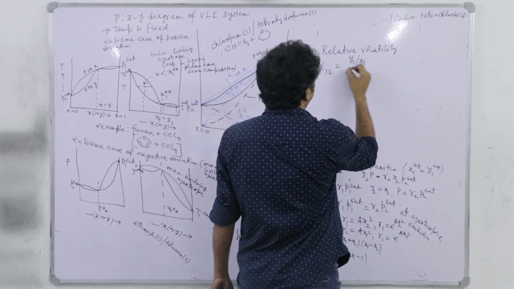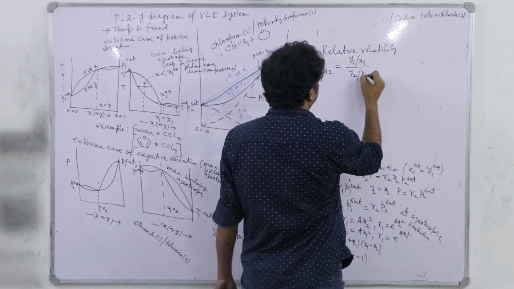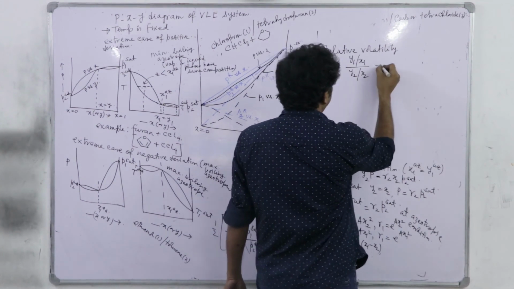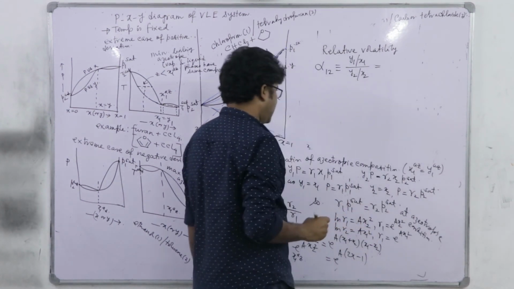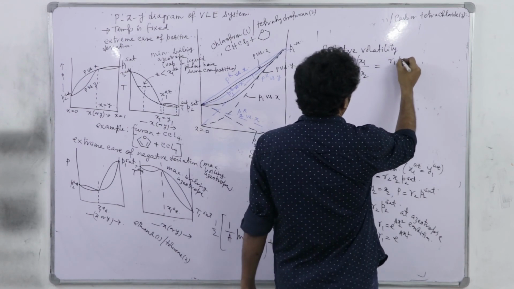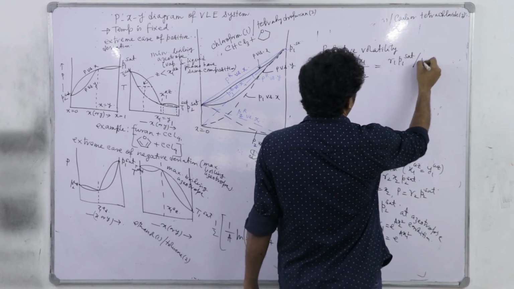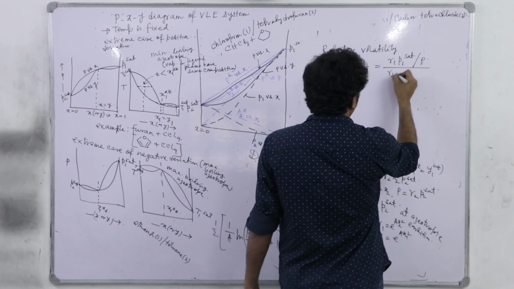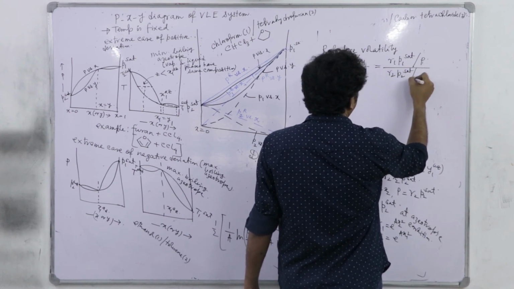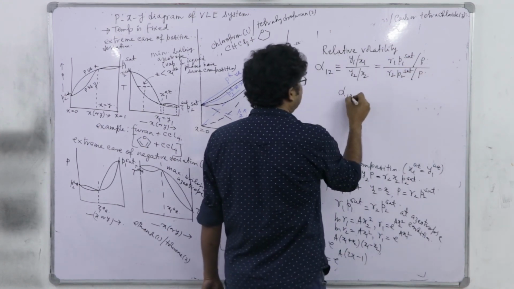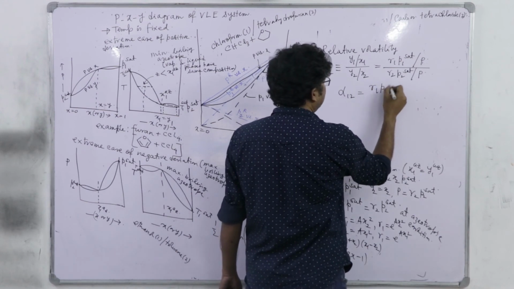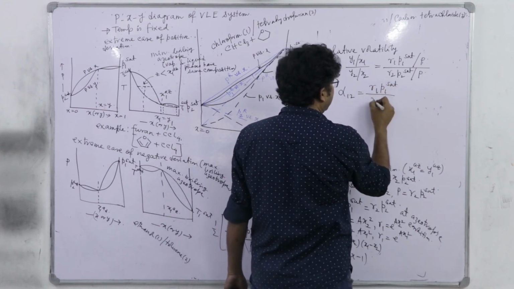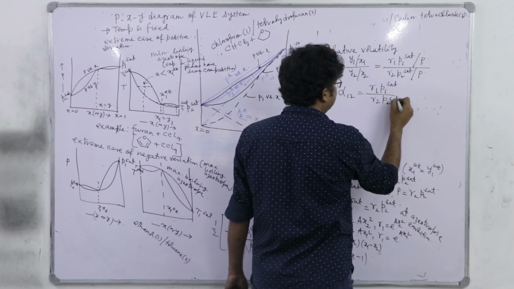So it's y1 by x1 divided by y2 by x2. This is the definition. So from there we can write that this is gamma 1 P1 sat by P divided by gamma 2 P2 sat by P. So P cancels out. So alpha 12 is equal to gamma 1 P1 sat divided by gamma 2 P2 sat.